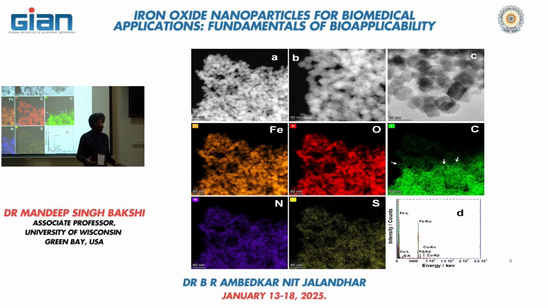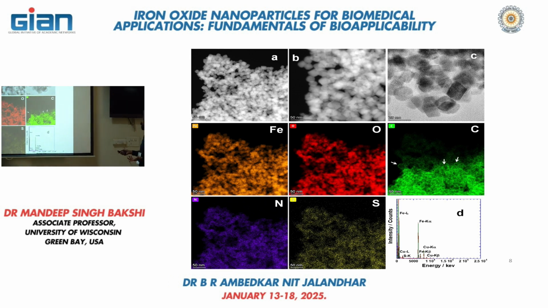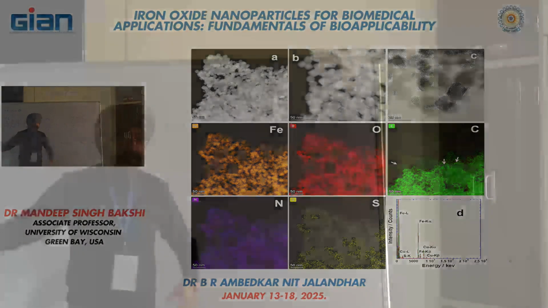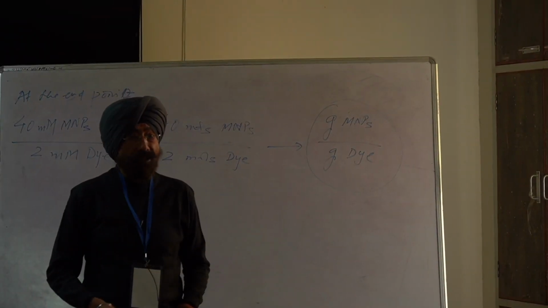So we could map the sulfur as well as the nitrogen, and we can also quantitatively, on the elemental basis, see the atomic percentage of nitrogen, sulfur, and carbon, and we can calculate the same ratio. The ratio we have calculated over here, the same ratio we can calculate over there from the imaging study.